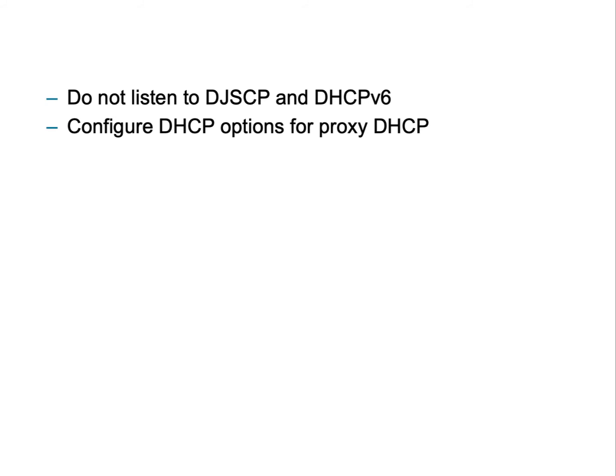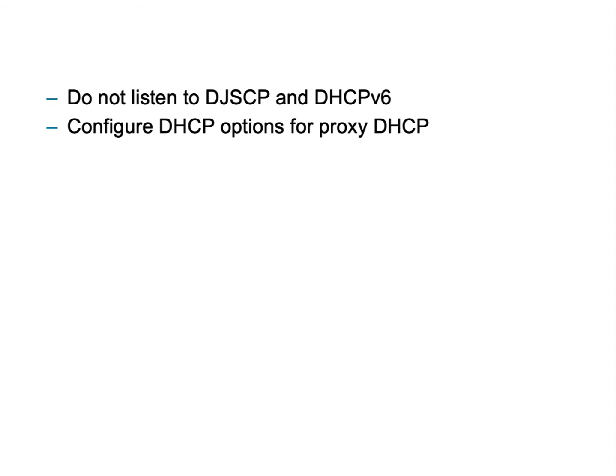The next option there would be configure DHCP options for proxy DHCP. If the DHCP server installed on the WDS server is a Microsoft DHCP server, this checkbox should be selected so that the WDS configuration wizard automatically configures DHCP to forward PXE requests to the WDS server.